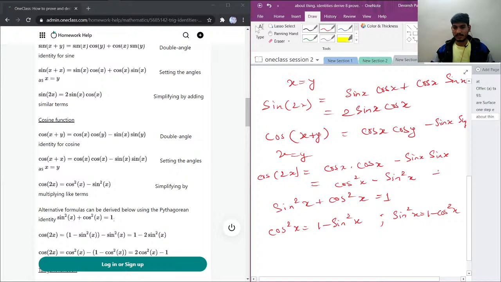Then in this equation I can substitute the value of cosine square x, or I can substitute the value of sine square x.